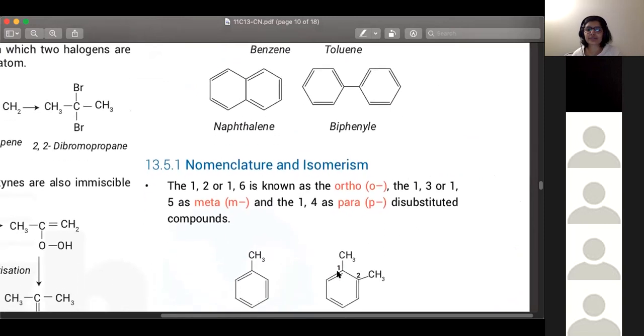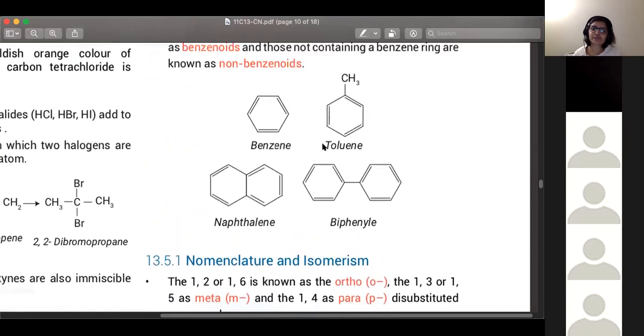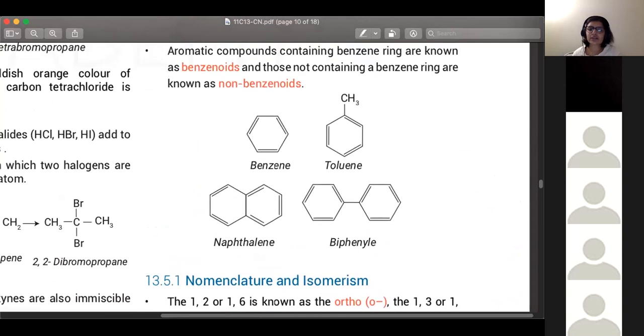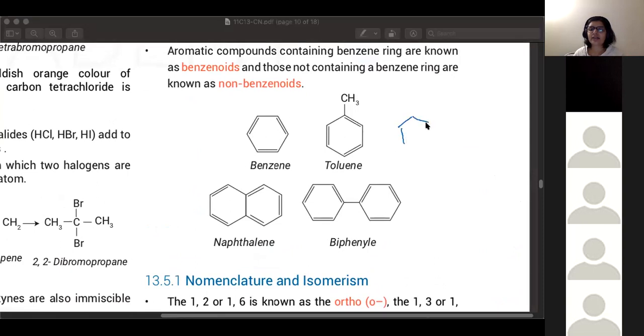Nomenclature, isomerism. Okay, so nomenclature of benzene compounds. Some of the basic benzene compounds have their own names. Like this is benzene. If there is a methyl group attached, this is called toluene. If there is an alcoholic group attached, this is called what's it called?